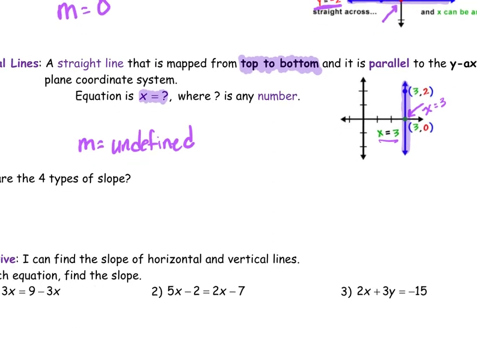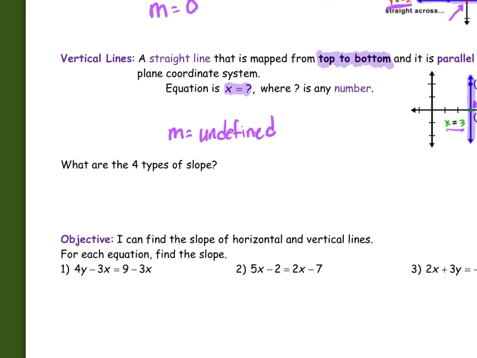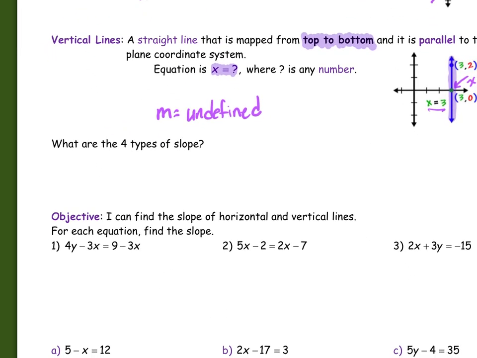And then from last lesson, we learned about the 4 types of slope. Does anyone remember what those are? You can even look back in your notes if you want to. Just tell me what the 4 types of slope are. We have 2 of them, we just talked about them: 0 and undefined.